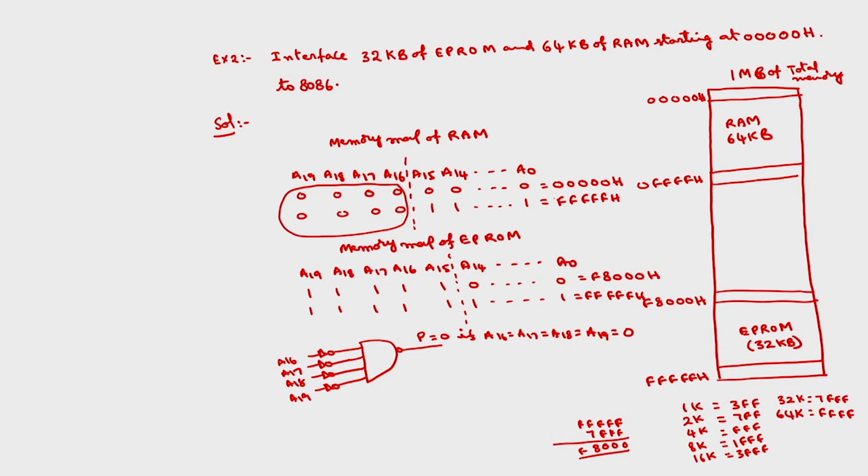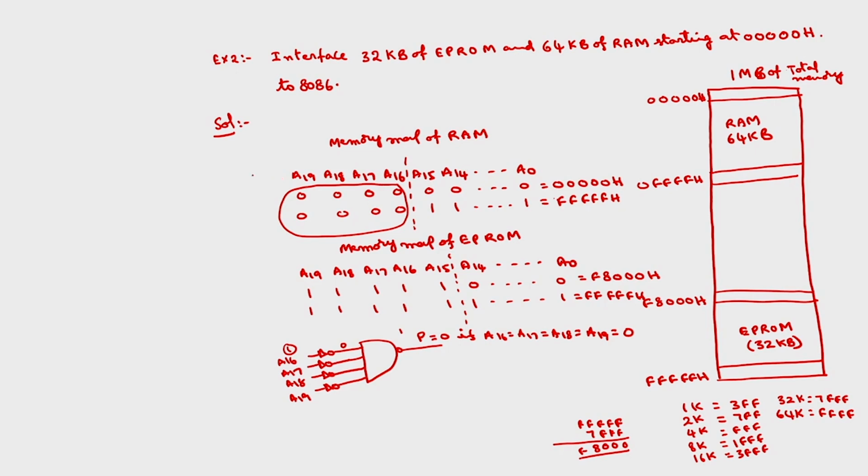Because if any one of these is, say A16 is equal to 1, for example, the NAND input will be 0. If one input is 0 for the NAND gate, output will be 1 regardless of the other inputs. So, here P is equal to 0 only if A16 to A19 are zeros.